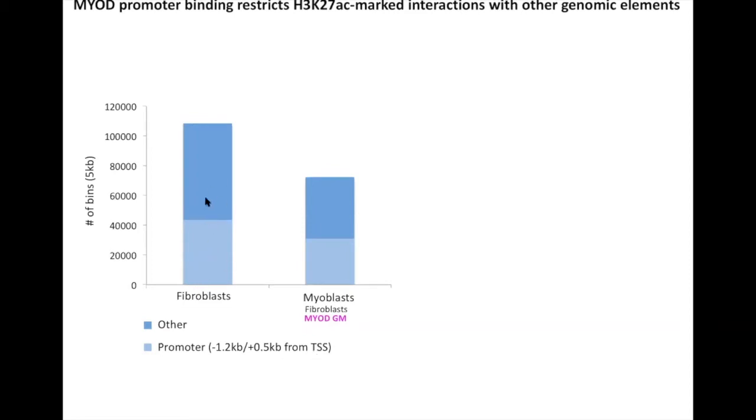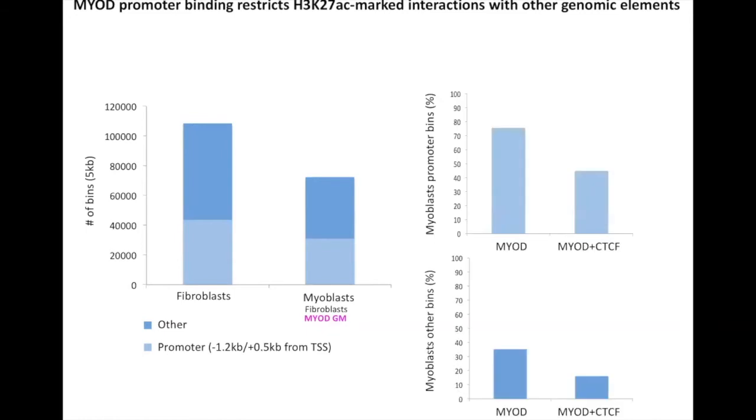As you can see, there is a partitioning of HiChIP signal in fibroblasts between these two categories of genomic elements. And upon the introduction of MyoD, there was a clear restriction, compression of the elements that interact, which suggests what MyoD indeed does, which is restricting the repertoire of genes that need to be activated.